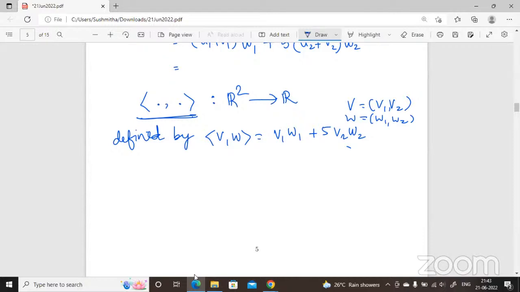Suppose I have a function defined on R3 to R given by V comma W is equal to something. How many components will we have? 3. But will the inner product have 3 components?